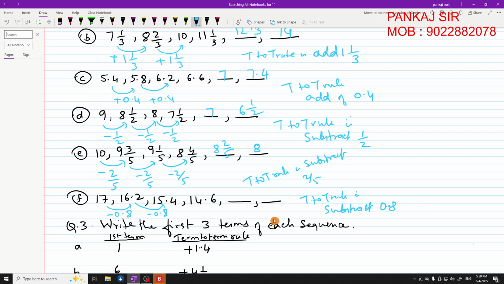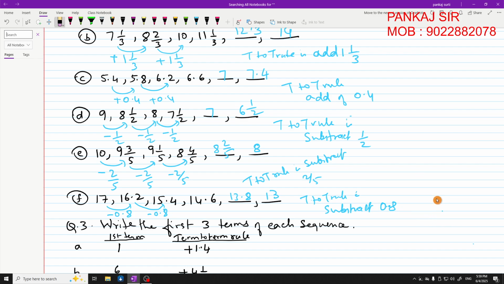Now to get these two terms, 14.6 minus 0.8 will be 13.8, right? And 13.8 minus 0.8 will give me 13. So these are the answers, right?